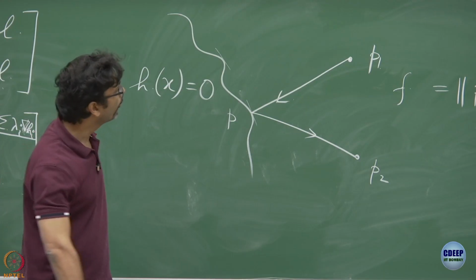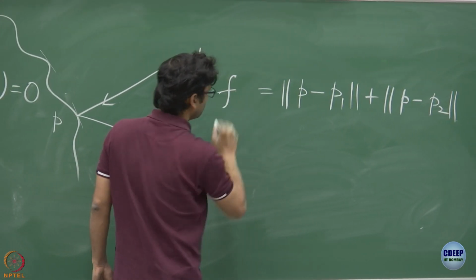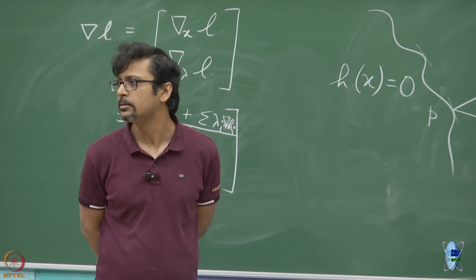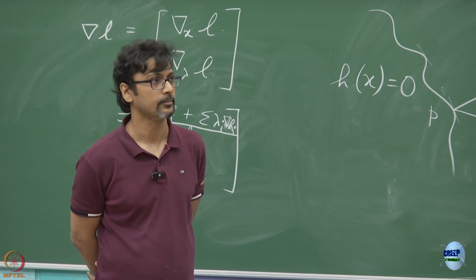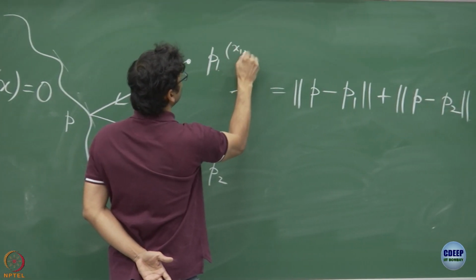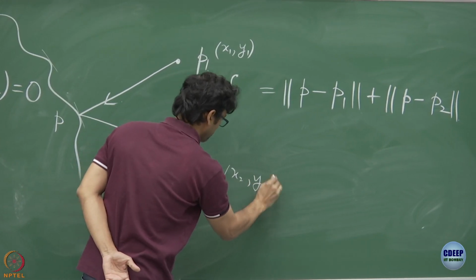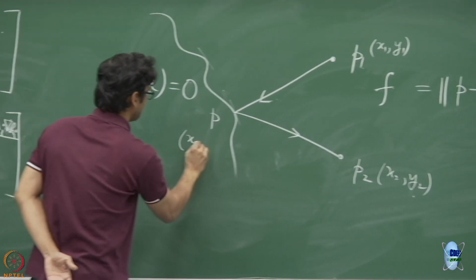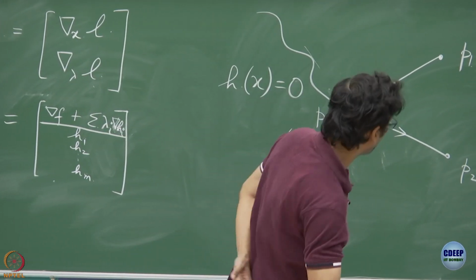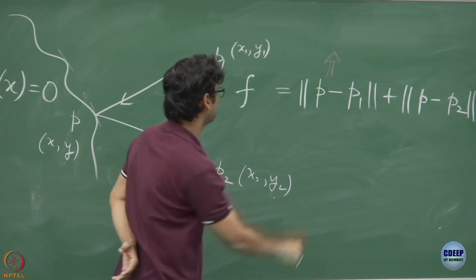Yeah, okay. If we take a grad of this objective with respect to P, what do you think the grad is going to look like? Okay, just to be explicit here, let's call this x1, y1, let's call this x2, y2, let's call this x and y. So in fact, hidden inside that norm is the following. What is this tantamount to?